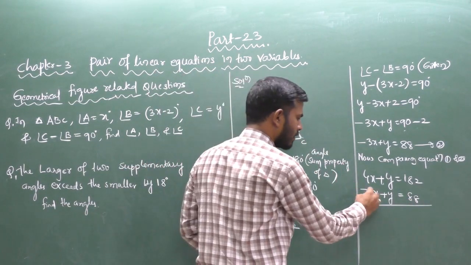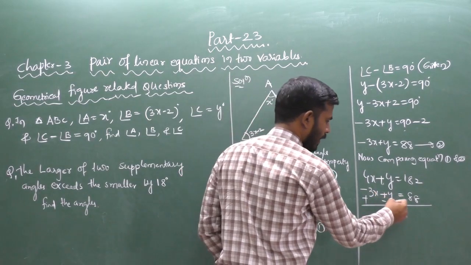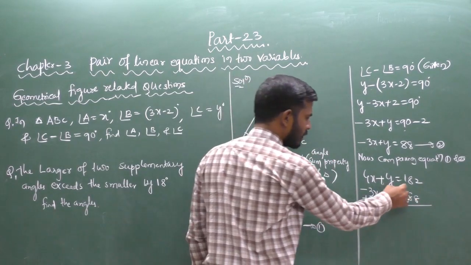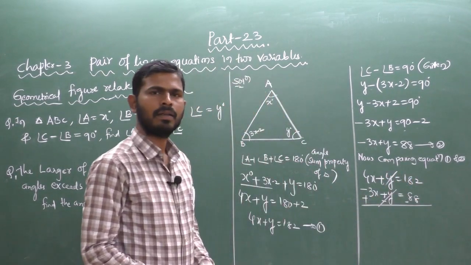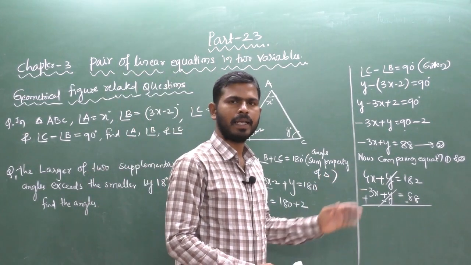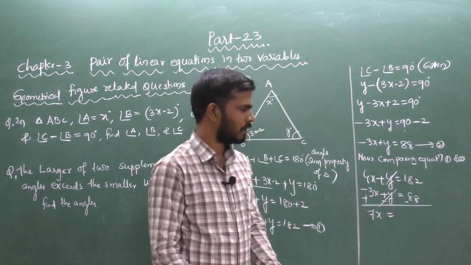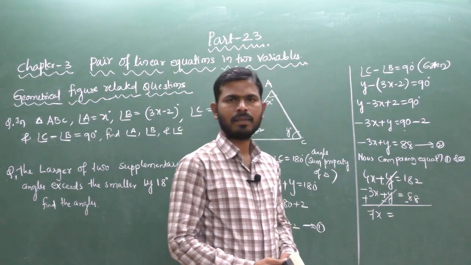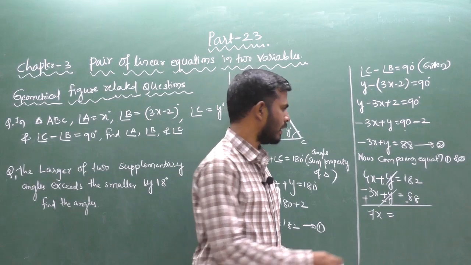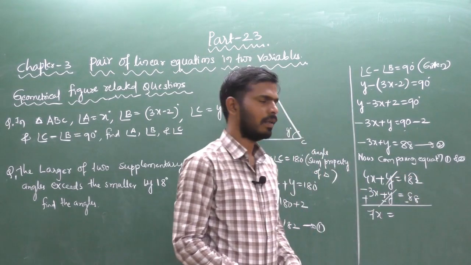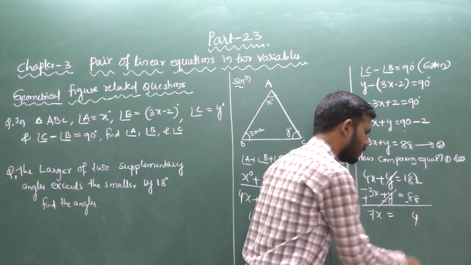So here minus means you write plus, plus means minus. So minus y plus y gets cancelled. Next 4x plus 3x is 7x equal to 182 minus 88. So 2 is less than 8, that's why I take carry here, 12. 12 minus 8 is 4.